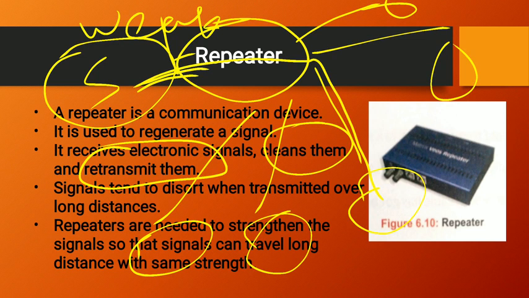It will again ask the same thing from the server, then the server will provide that thing again to the repeater, and then the repeater will send that thing to the particular computer. So the repeater is used to strengthen the signals. Okay, the repeater is used to strengthen the weak signals in data transmitting.